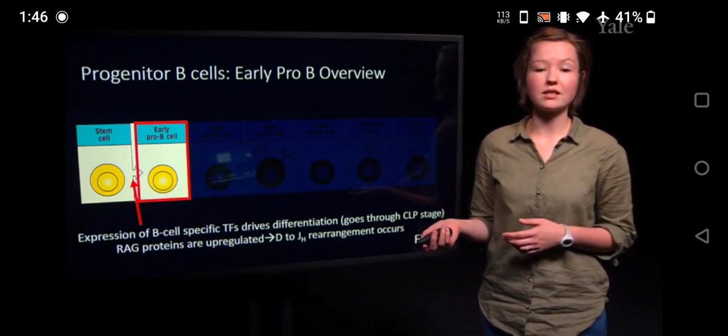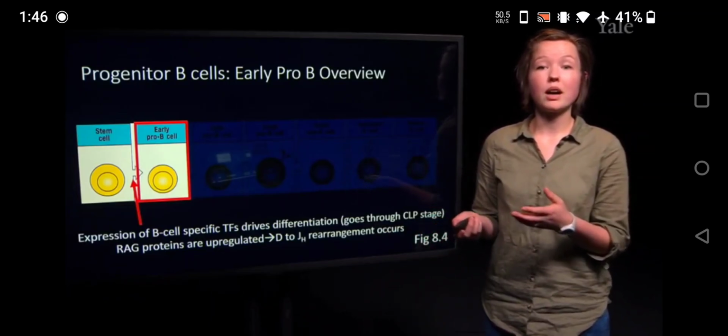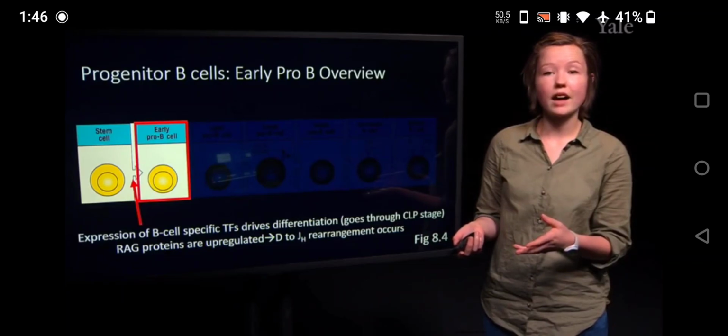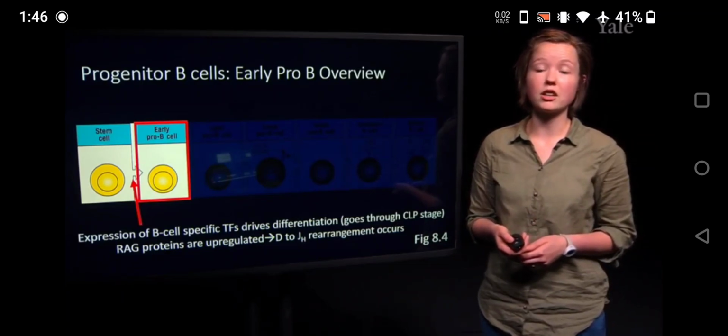And this is driven by B cell specific transcription factors that allow for differentiation and commitment to this B cell lineage.